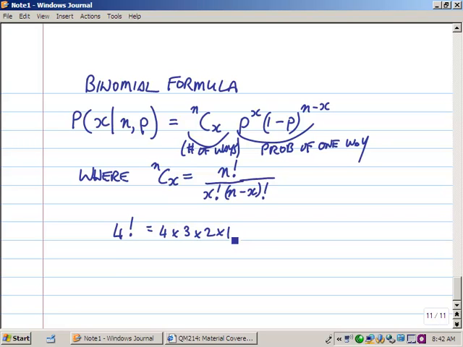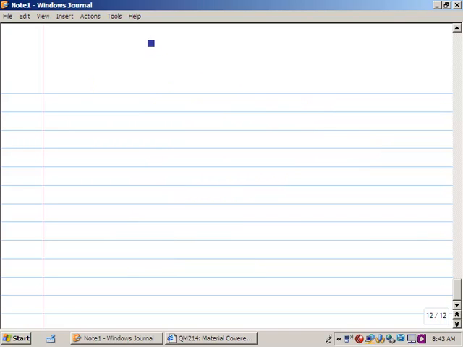You stop at 1 always. Okay, so 6 factorial would be 6 by 5 by 4 by 3 by 2 by 1. We can work that out, but it's a big problem. Alright, so again, n factorial divided by x factorial times n minus x factorial.